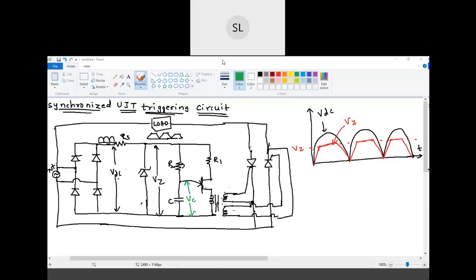Okay. So what will happen as soon as we apply this VZ across this relaxation oscillator?